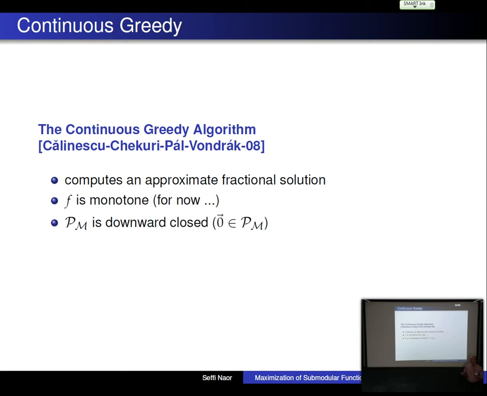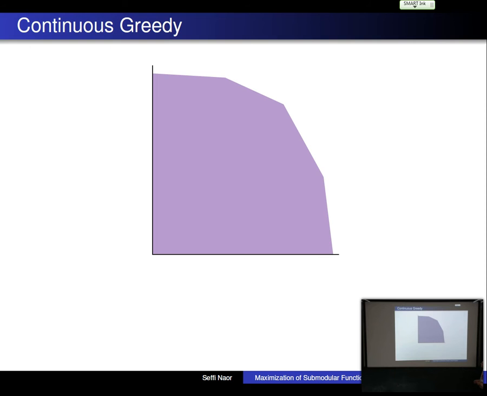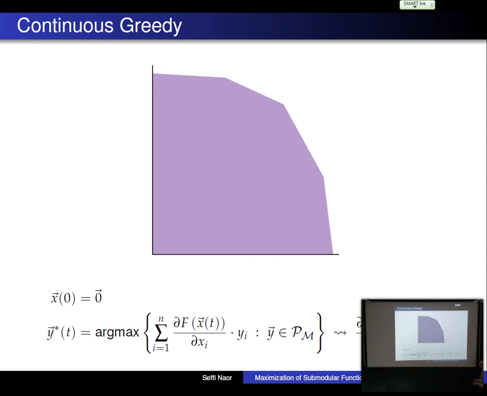And I'll use the fact that our polytope is downward closed. So the algorithm is the following. We start at the origin, and now we want to start making progress. The question is, in which direction?